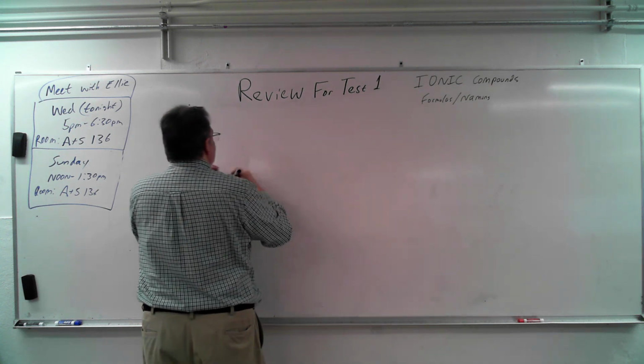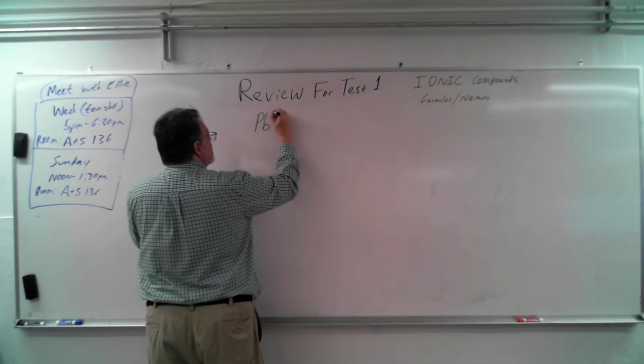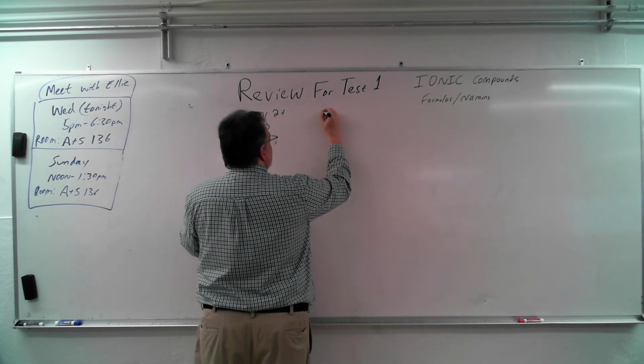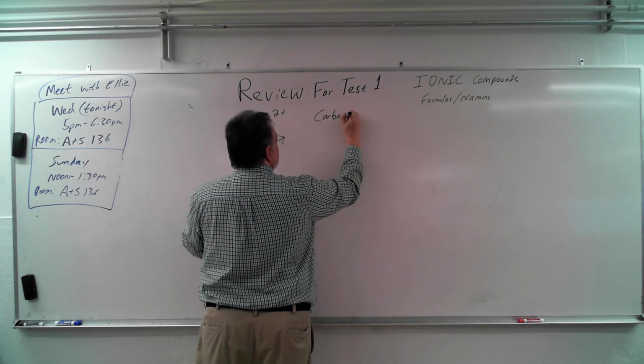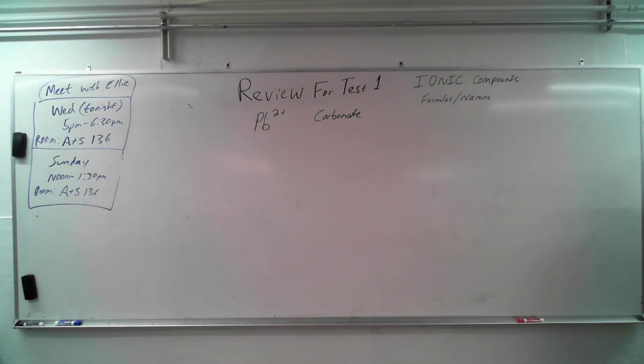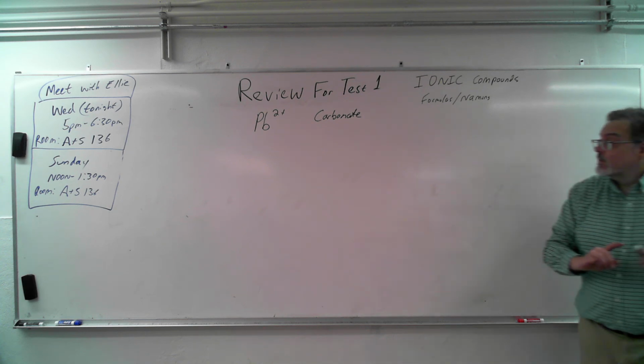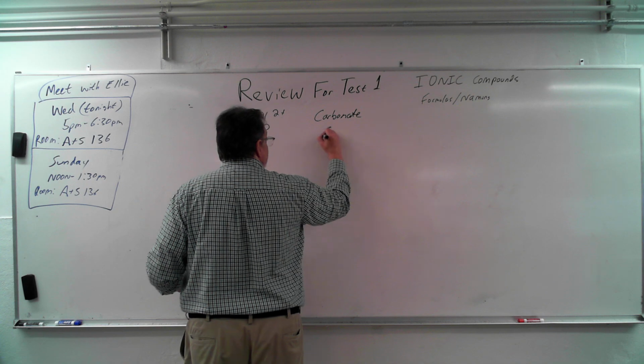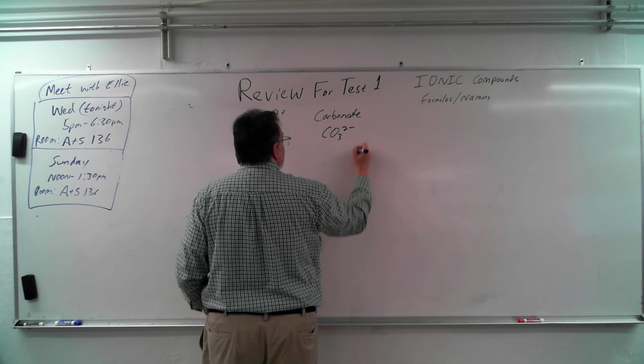So it says lead 2, and that would be Pb 2 plus, and carbonate. You can look back at the page of the test or wherever I put it, and look for carbonate on here. It's up here, CO3 2 negative. Carbonate is CO3.